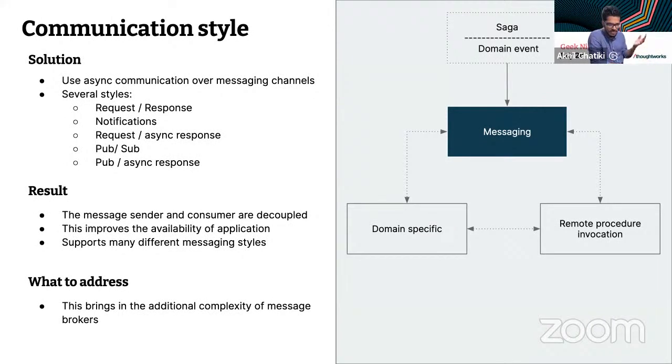Messaging channels can be SQS, Kafka, or any queuing channels, RabbitMQ, or anything. There are several styles again in this communication style. It can be request-response, just notifications, async responses, pub-sub models, and then pub-sub asynchronous responses.